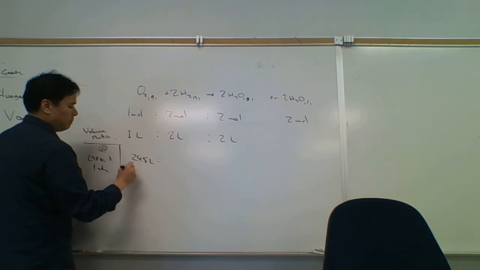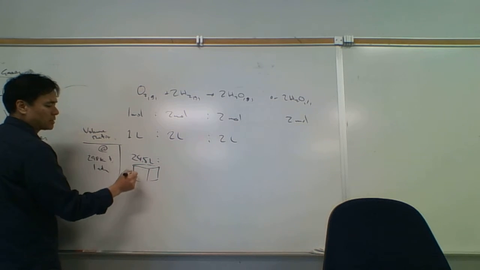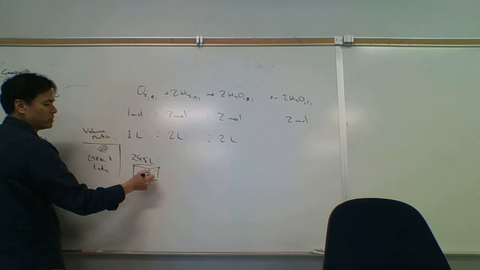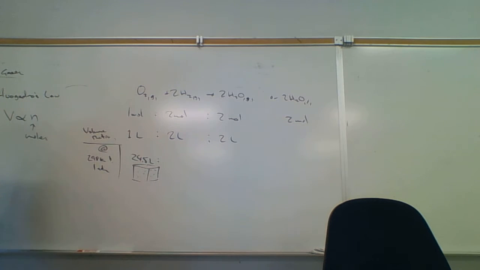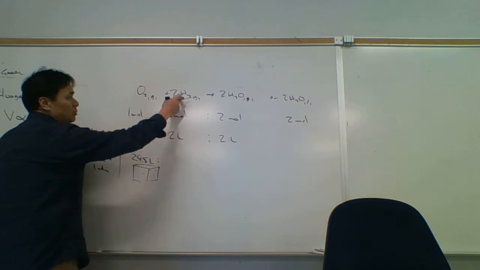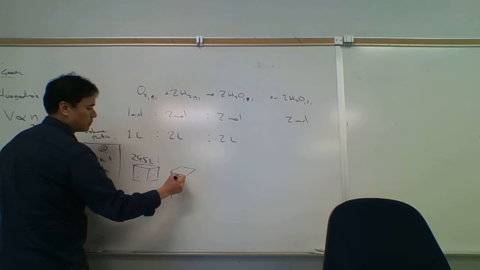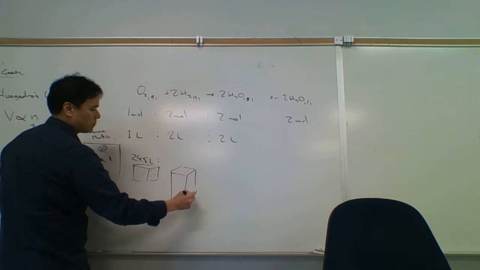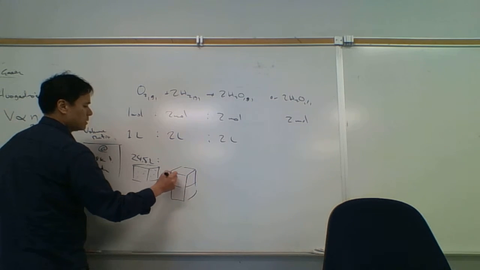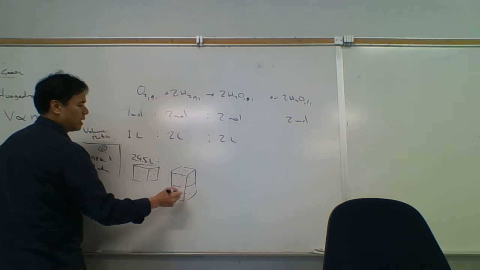And so if I have a 24.5 liter box, then that's going to be filled with an Avogadro's number's worth of oxygen molecules. I need 2 moles of hydrogen, so I'm going to have twice as many particles here. So I'll have to have twice as big of a box.